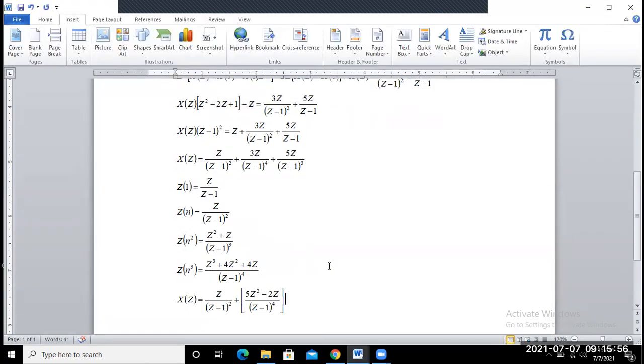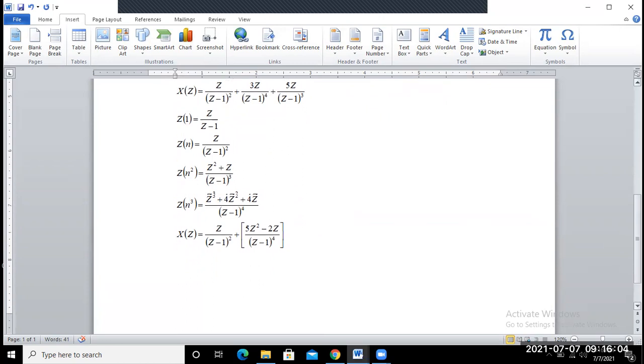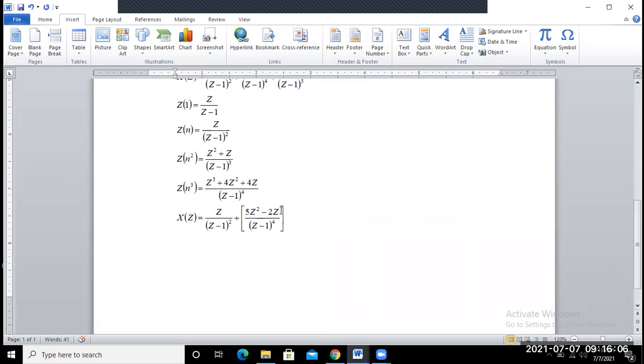So now your next target is to find the inverse of 5z square minus 2z divided by z minus 1 to the power 4. Okay, this one you can already replace by this value, z by z minus 1 whole square equals the z transform of n.